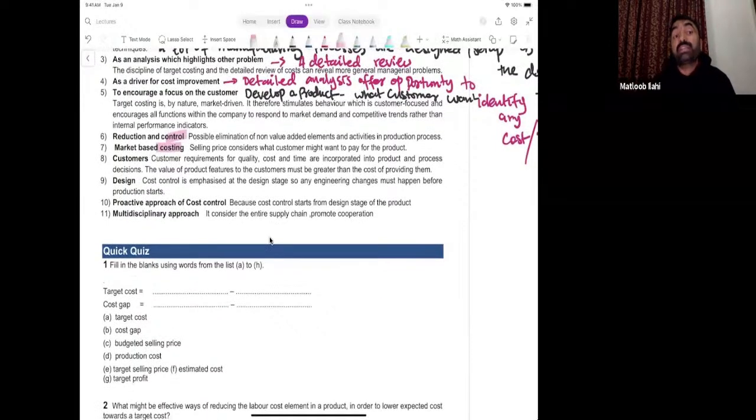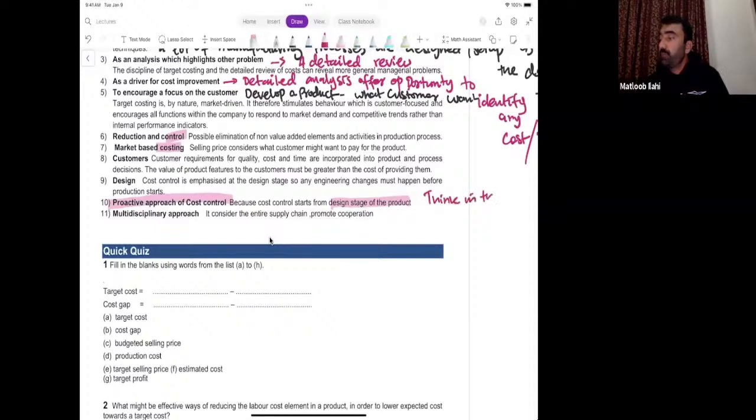And number 10, proactive approach of cost control. Yes, because target costing is used at the design and development stage of the product, we would be better able to think in the future.